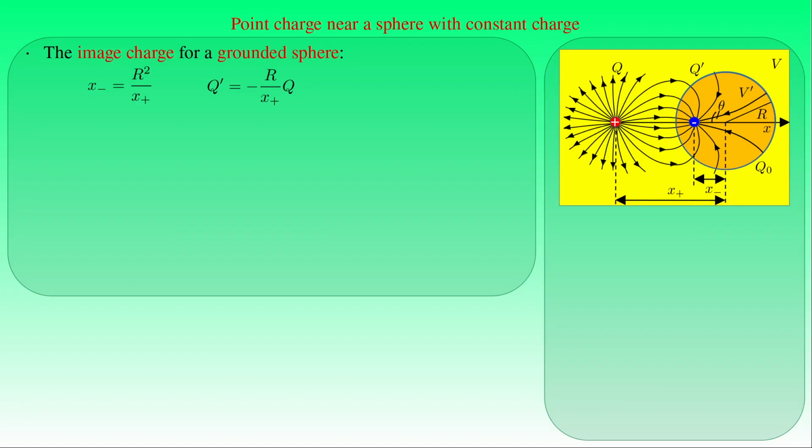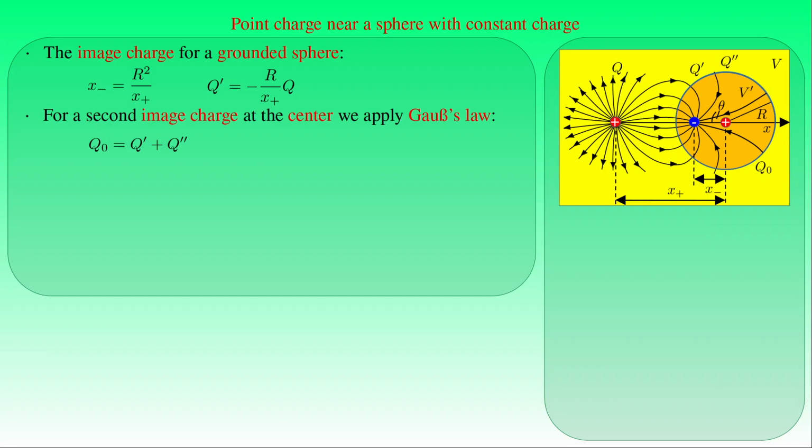If we place a new image charge q'' in the center of the sphere, we can apply Gauss's law to determine the amount of the second image charge by using the sphere as a Gaussian surface. The electric flux due to the charge q0 on the Gaussian surface must be the same as the one produced by the total amount of image charges inside the sphere. That is, the charge q0 must be equal to the sum of the image charges q' and q'', replacing the charged boundary surface in the method of images.